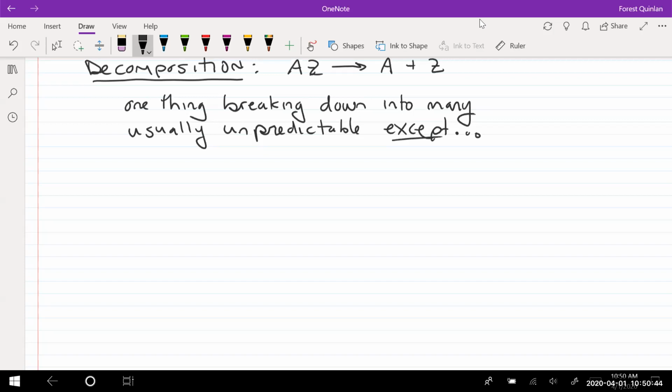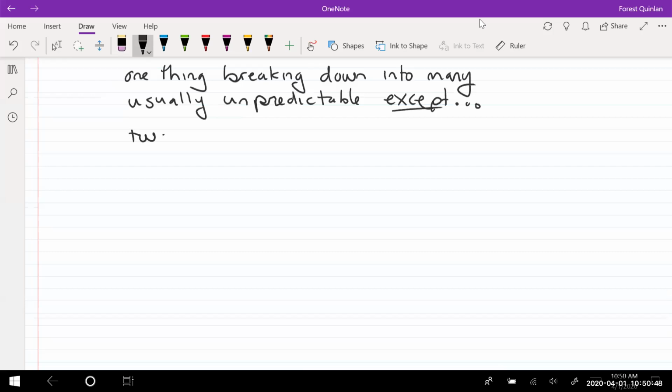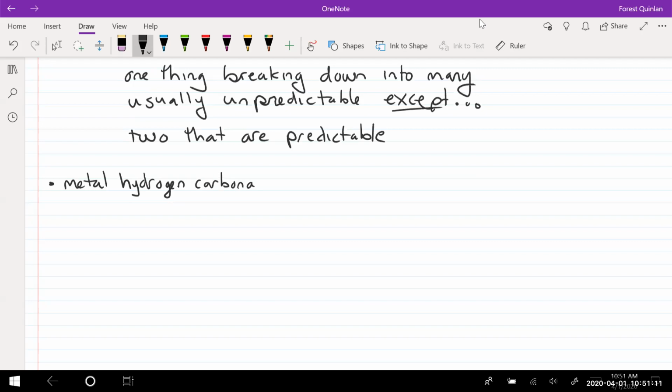Usually unpredictable, except there are 2 that can be predicted. And that is the following. 1, you will have a metal hydrogen carbonate.